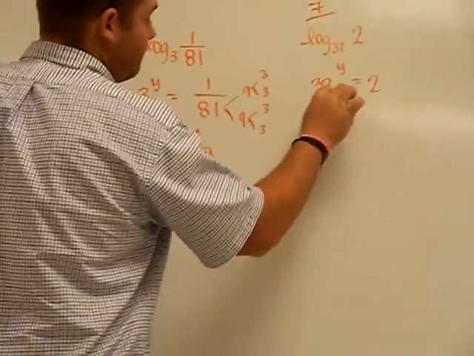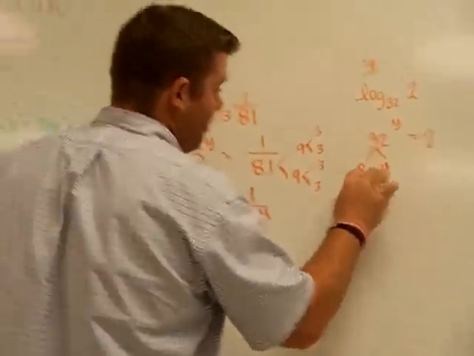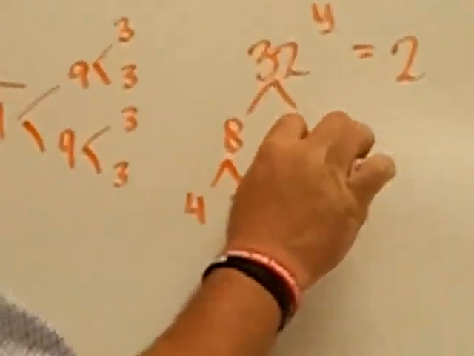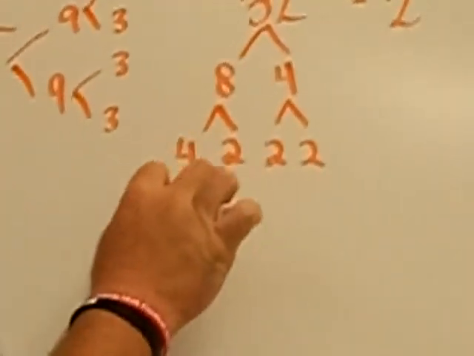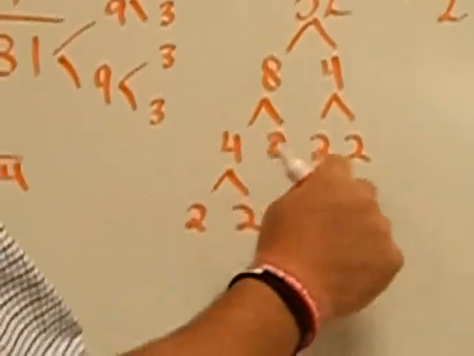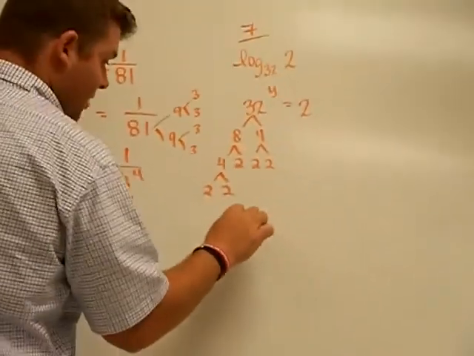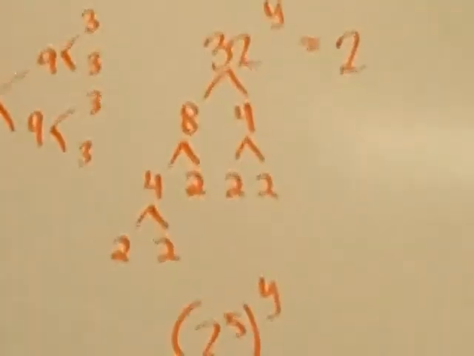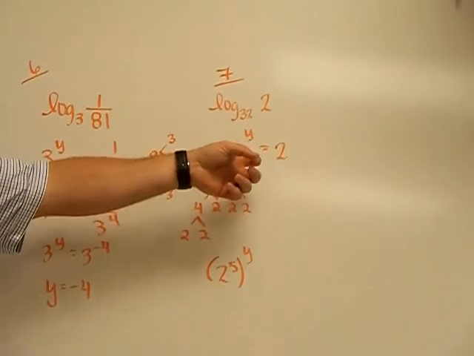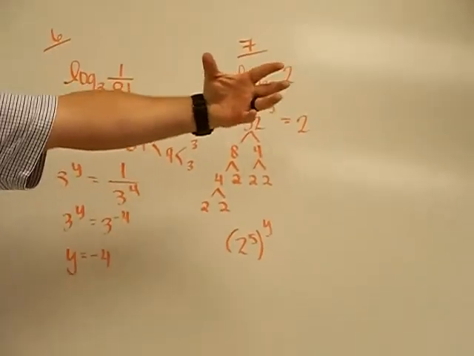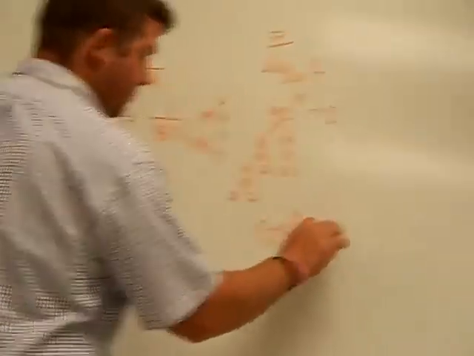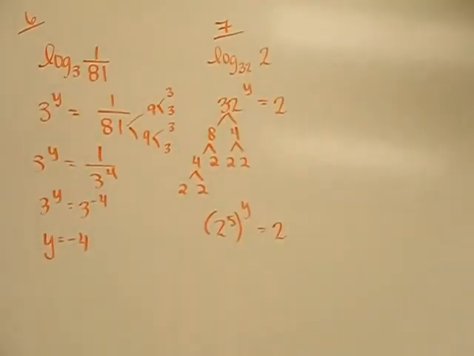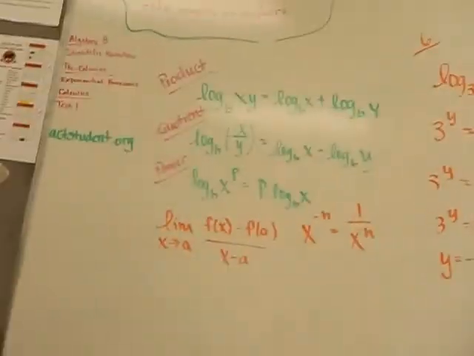Well, let's break 32 down. You've got 8 times 4, and then 4 times 2, 2 times 2, and 2 times 2. So 1, 2, 3, 4, 5. So 32 is the same thing as saying 2 to the 5th raised to the y, because 2 to the 5th is 32, and 32 is raised to the y. Correct? All that equals 2. Well, if you have a power raised to a power, what do you do with the exponents?